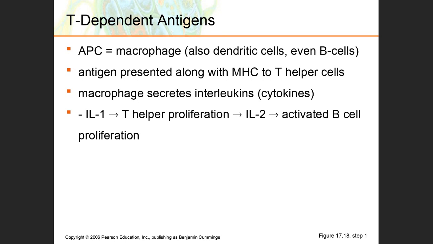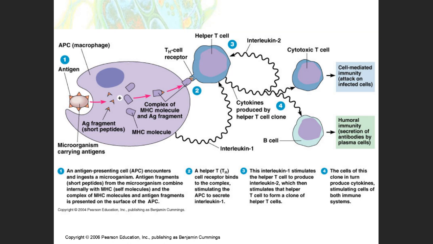And the helper T cell alerts the military, the ground troops, the B cells, to produce antibodies, which you can think of as artillery, to attack and destroy those foreign antigens. But it's a much more effective, coordinated effort.